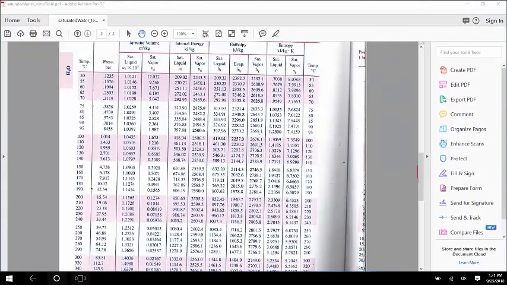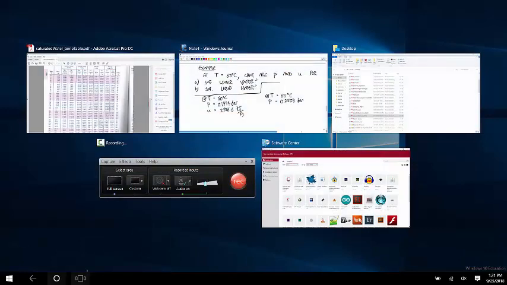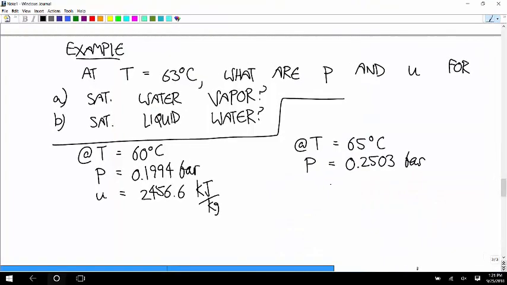And at 65 degrees, 2463.1 kilojoules per kilogram.